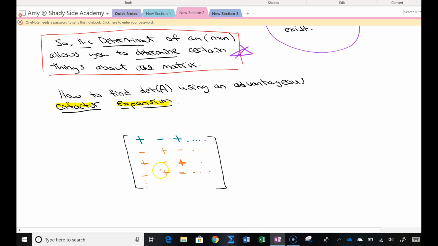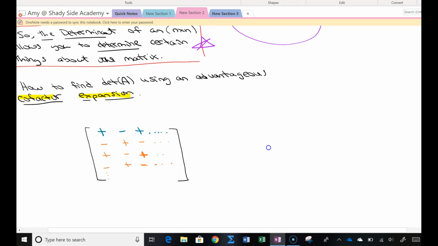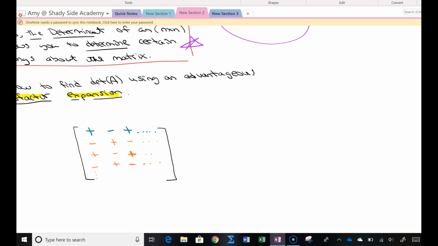Once you observe this pattern, what becomes really advantageous is if you're asked to find the determinant of 2, 0, 1, 0, 3, 8, 7, 0, 14.